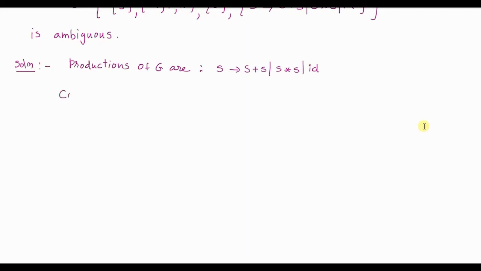Now let us consider one particular valid string. Let's consider this particular string: identifier plus identifier into identifier. Now let's try to find out the leftmost derivation for this string.